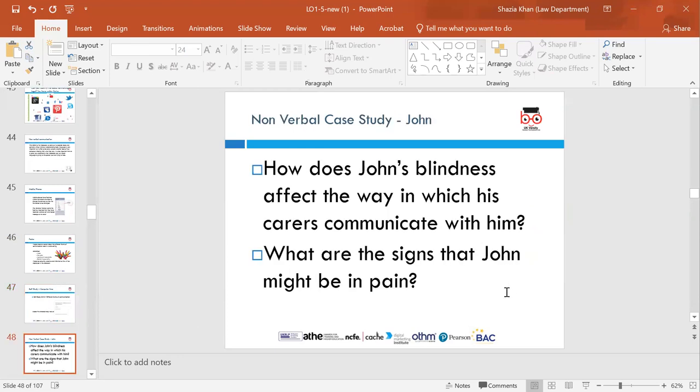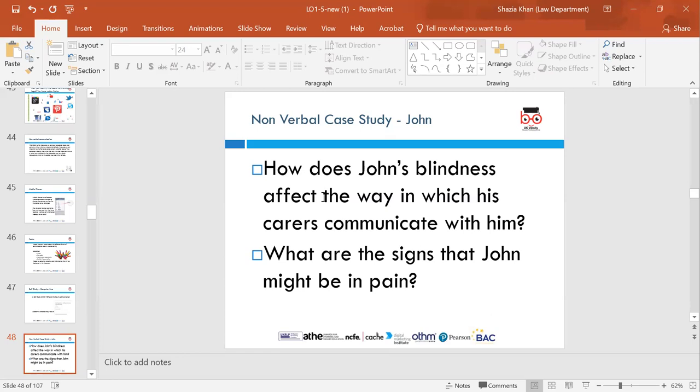Non-verbal case study. So how does John's blindness affect the way in which his carers communicate with him? What are the signs that John might be in pain? So any sort of non-verbal communication would be a sign, for example, if he's showing pain in his face, or he's holding his body where he's in pain.